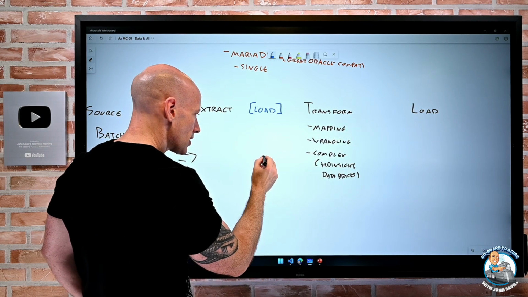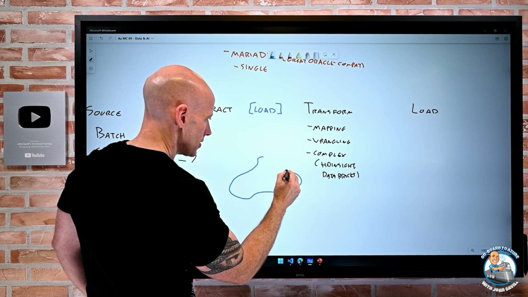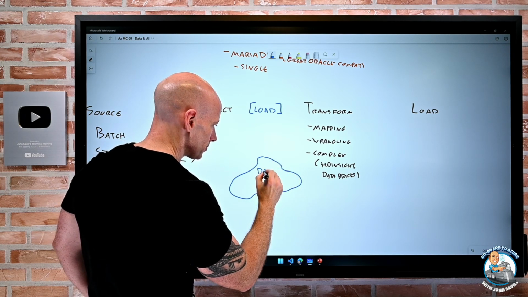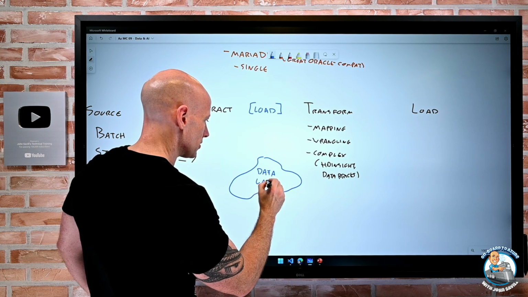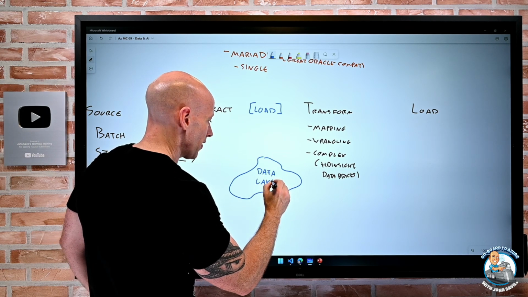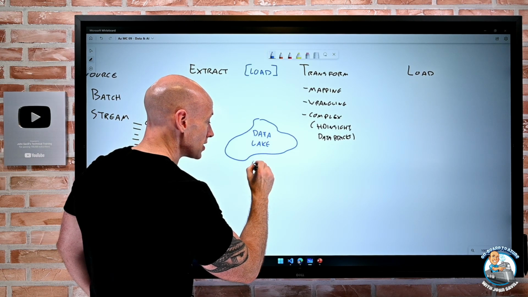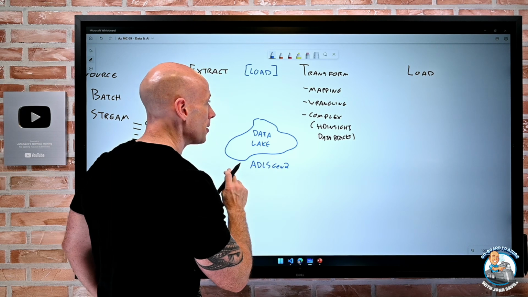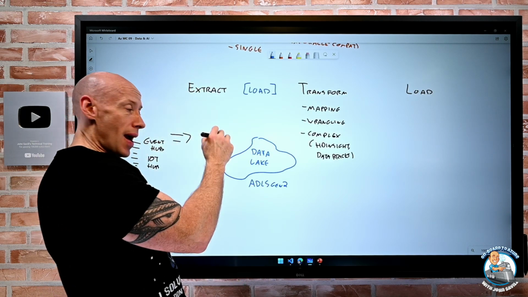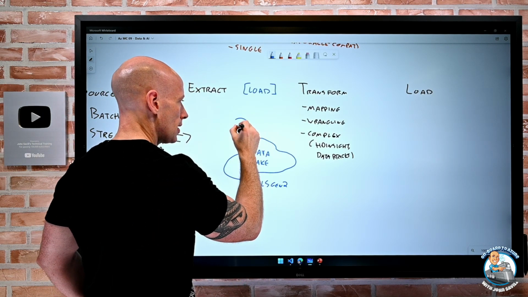So let's say we have a data lake. It's a lake, I promise. Data lake. So for example, Azure Data Lake Storage Gen2 would be an example, built on Blob, remember? We would take the raw format and save it.